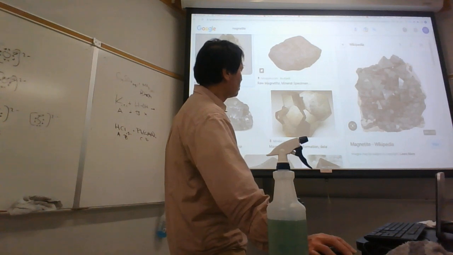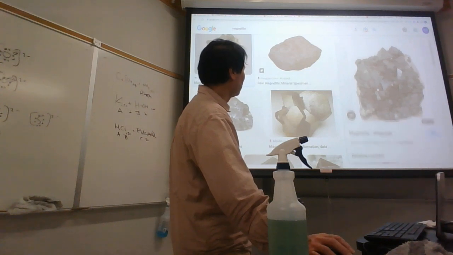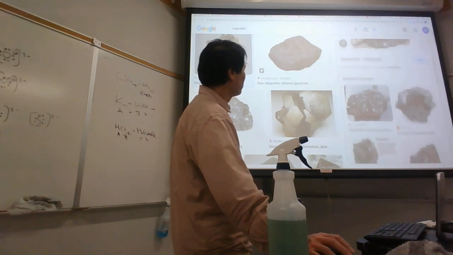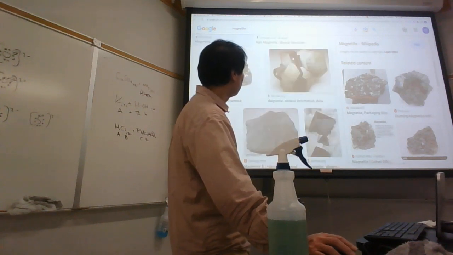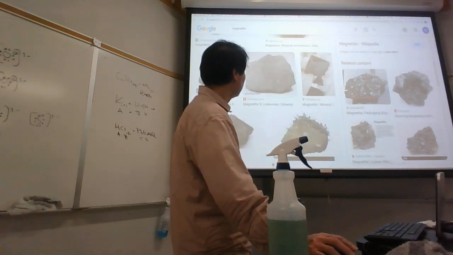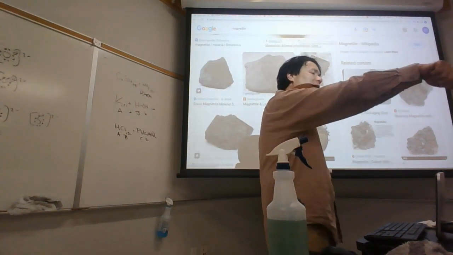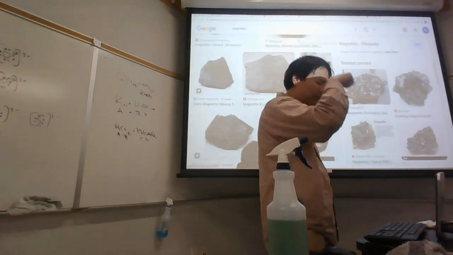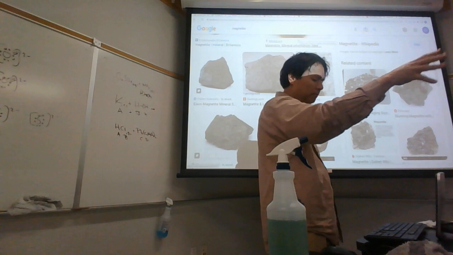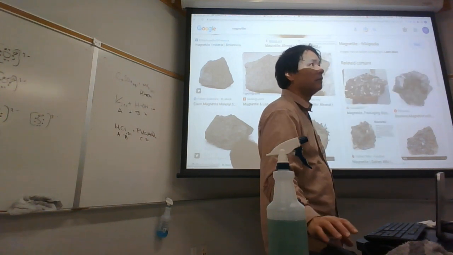These are nice crystals of magnetite here. Magnetite is magnetic, and so all these crystals are magnetic. You have your magnetite powder, and you take some iron, and all the magnetite sticks to it. If you go to the beach, sometimes you can find magnetite in there. You bring a magnet and wrap it around at the beach, like river beach sand, and then you get little tiny crystals of magnetite.